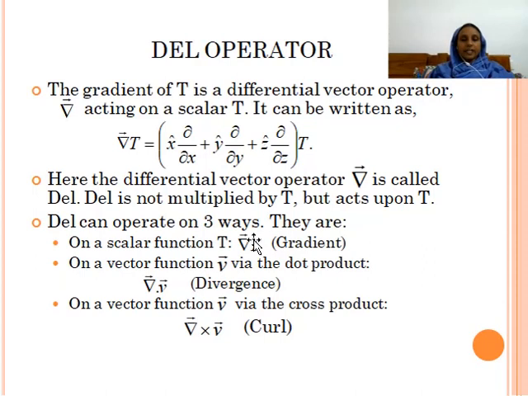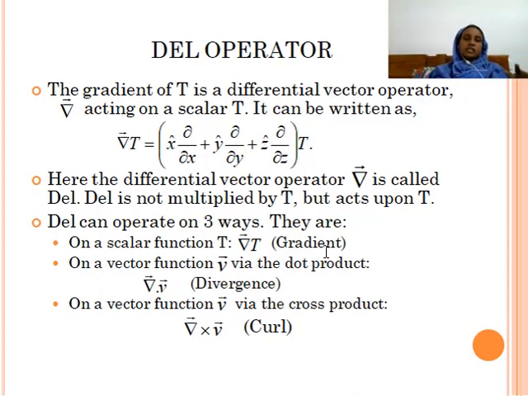This is called gradient. Assuming temperature is a scalar function, if this del vector differential operator acts upon temperature, it is called gradient. So a vector differential operator acting upon a scalar function is called gradient.